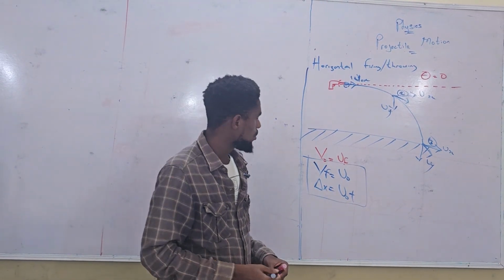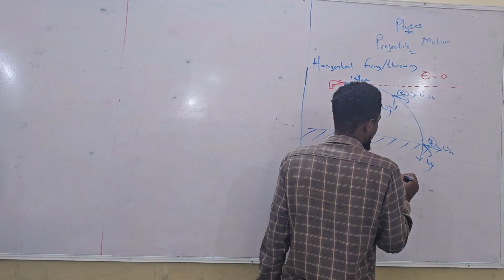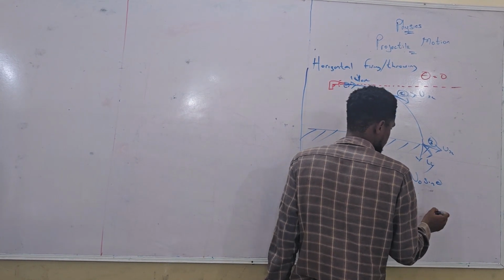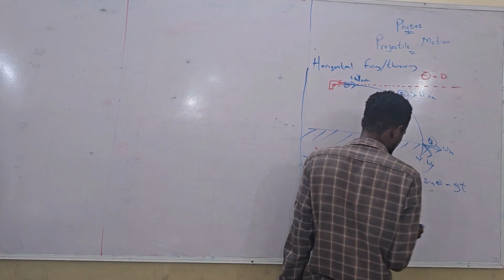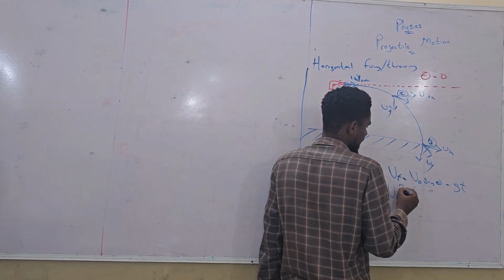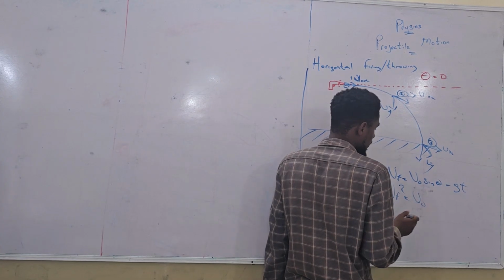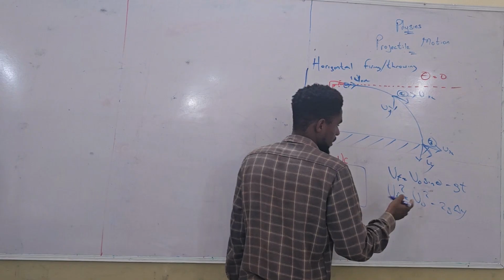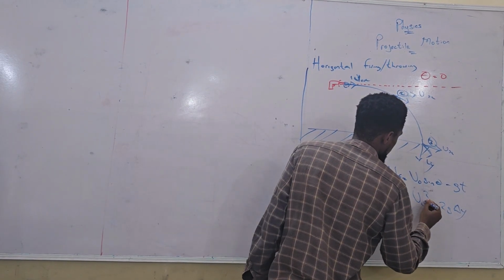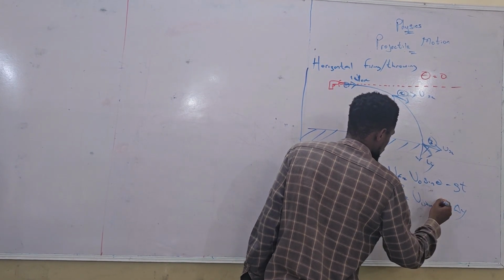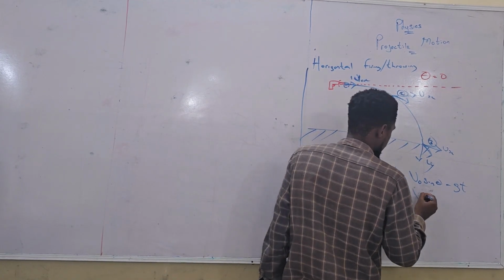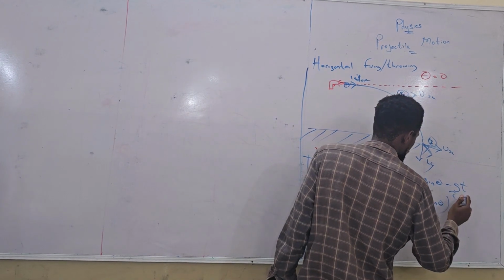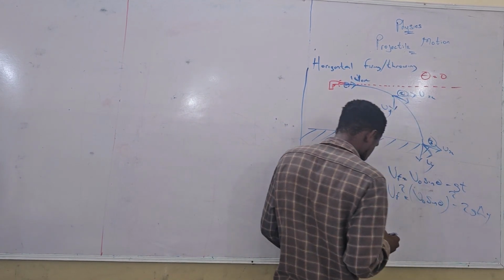For vertical, we say V final is equal to V naught sine theta minus gt. V final squared is equal to V initial squared sine squared theta, so everything squared, minus 2g delta y.